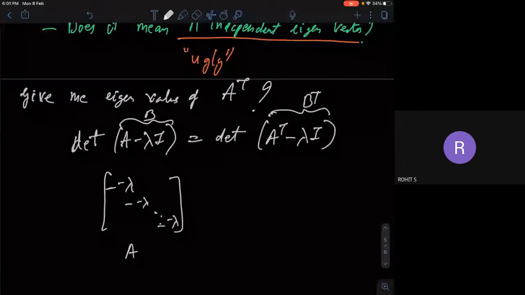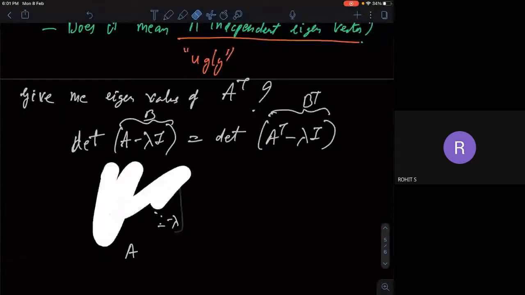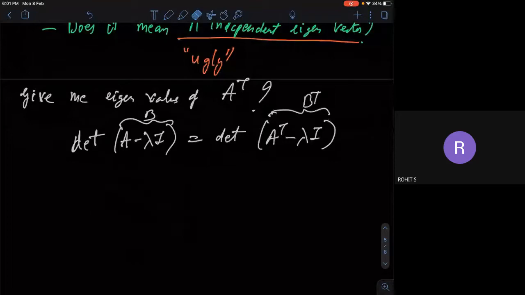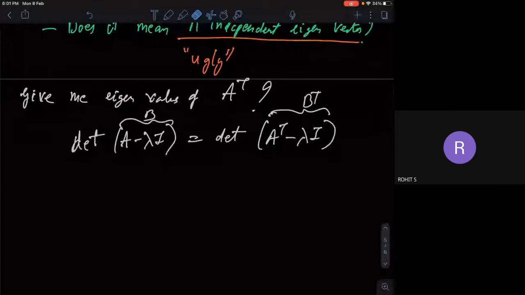And you know that the determinant of B is the same as the determinant of B transpose, and therefore the same lambdas make both of them 0. Therefore, the eigenvalues of A and the eigenvalues of A transpose are the same.